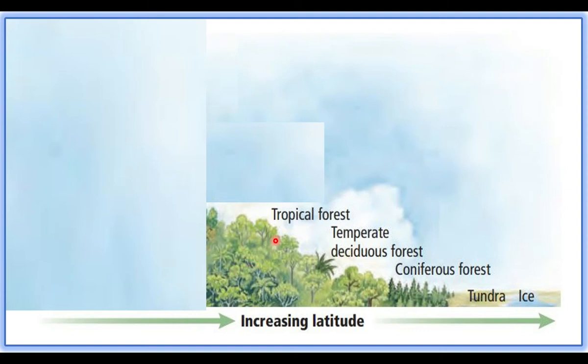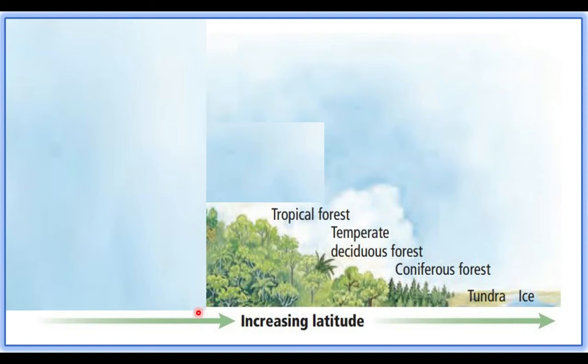Here tropical forests are there. After that, temperate deciduous forest and coniferous forest, and then tundra, and in the polar region ice. Temperature range changes when we move towards higher latitude.